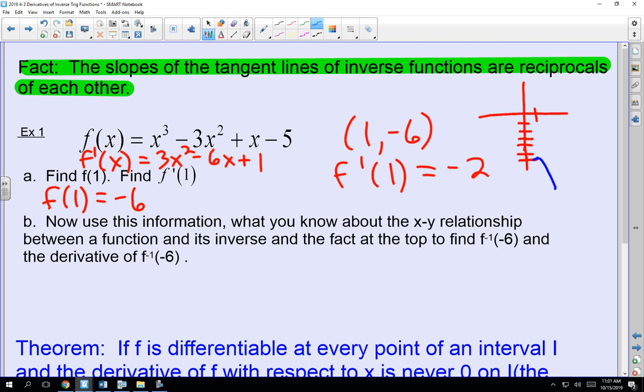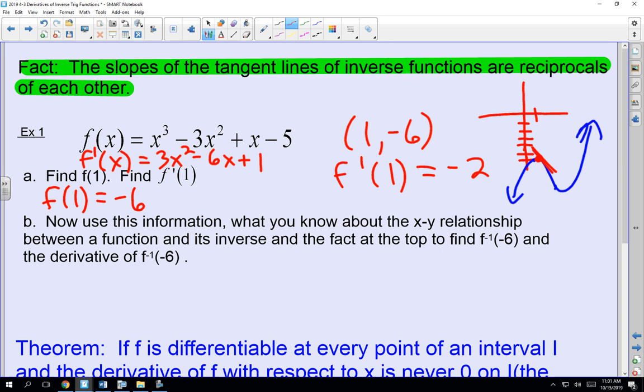We know it's positive. It might come back up again, something like that. That would be a negative 1, I think. No, that would be right. Something like that. So we might have something like that. It's a cubic. So right here at this point, the slope of the tangent line is negative 2. Does that look like it's negative?